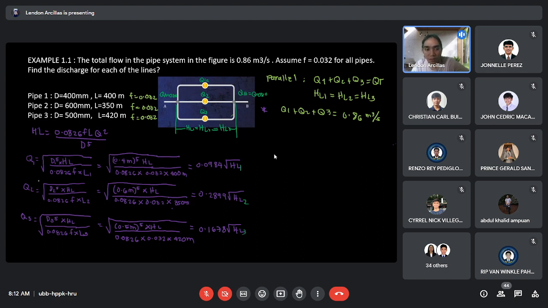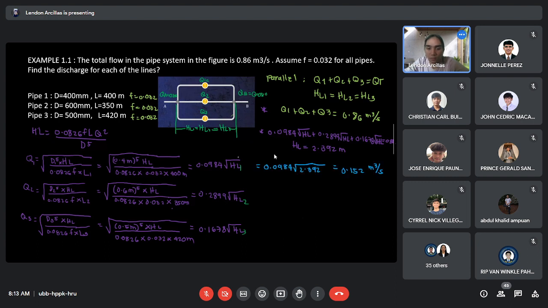Since meron na tayong Q1, Q2, and Q3, you can add this one since ang total niya is 0.86. Diba? I-add mo siya, HL1, HL2, and HL3. Makukuha mo yung HL. Since HL1, HL2, and HL3 is equal. Tama? So makukuha mo yan. Pag makukuha mo na yung HL, i-substitute mo yan dito. Okay.